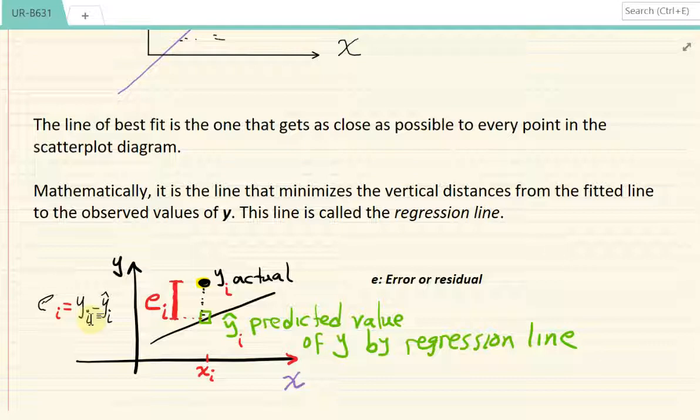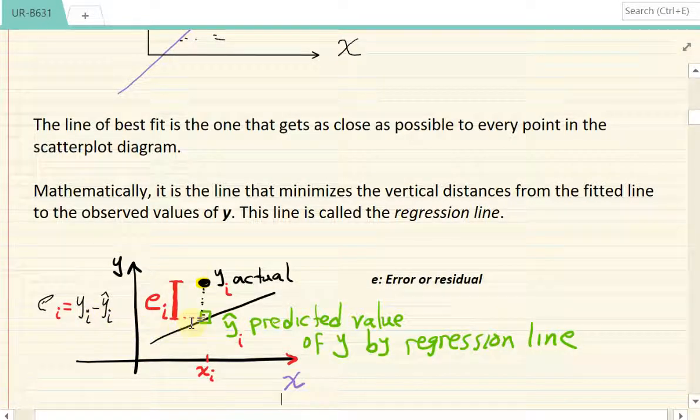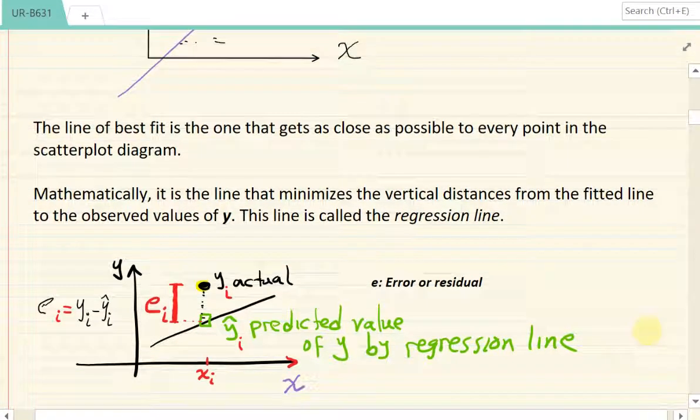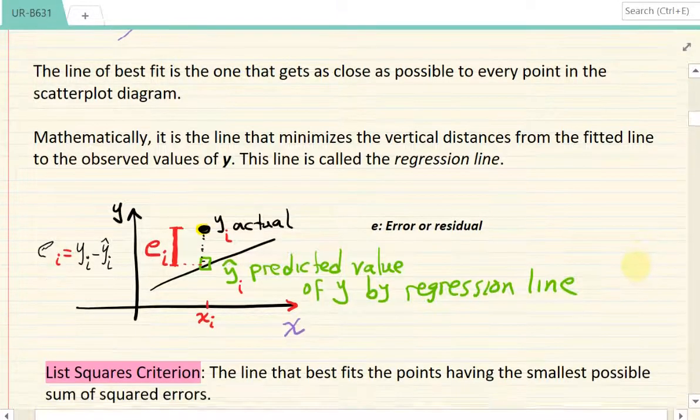A negative residual means we are overshooting or overestimating the actual value. That's going to happen in a regression analysis: sometimes we overestimate, others we underestimate. So hopefully I was able to explain the mathematical premise of what we're about to do.